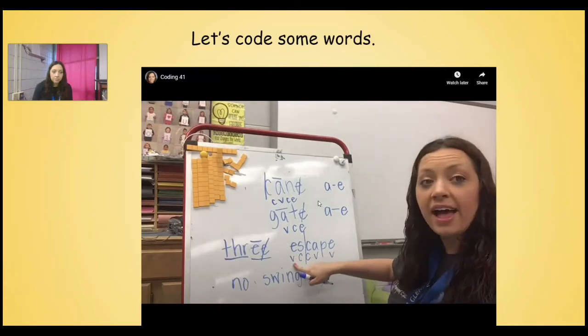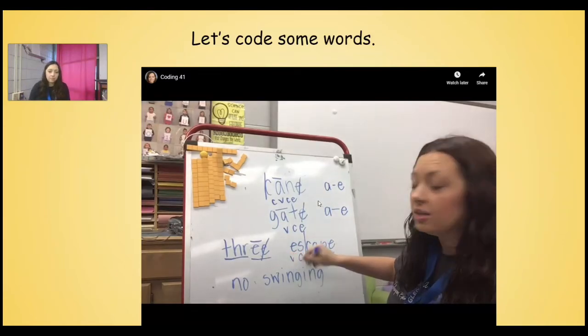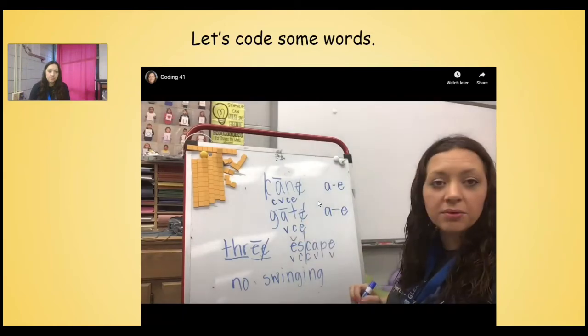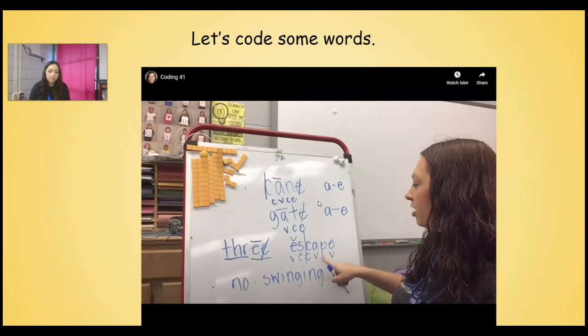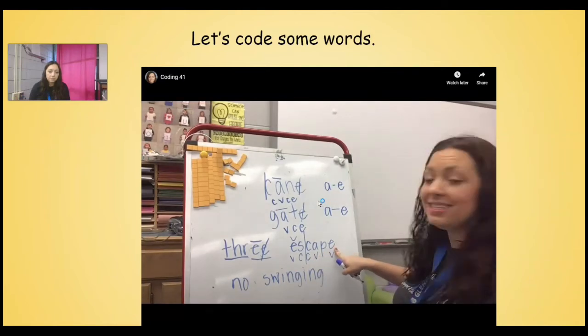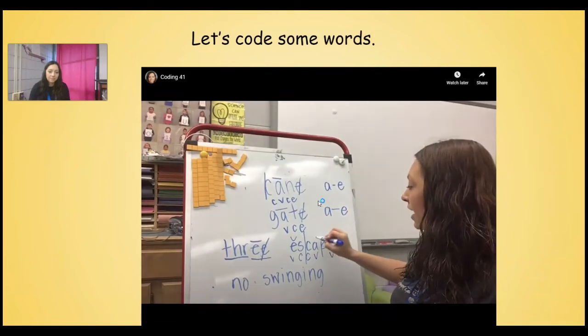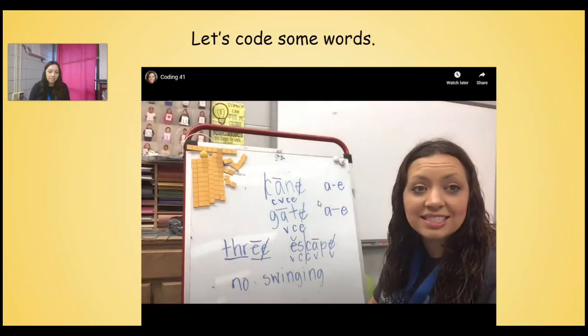All right, I have a vowel that's in front of a consonant, so I know that E is going to be short. So let me go ahead and mark it with that breve. Now over here, I've got a vowel in front of a consonant, but what else do I have? I have that sneaky E. So I know that that A is going to be long and that sneaky E is going to be silent.